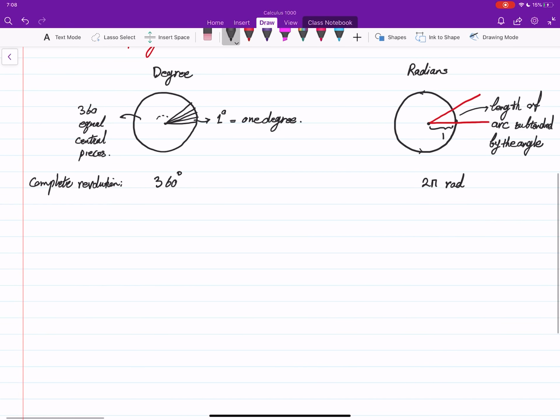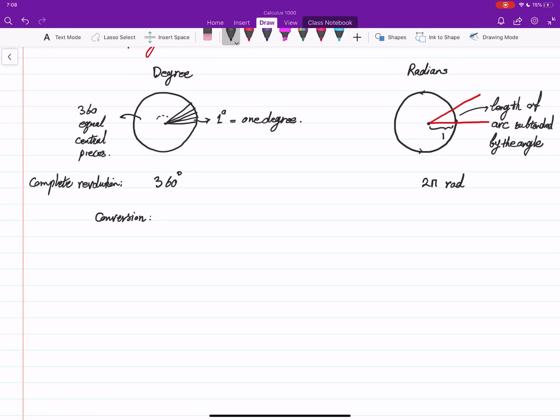Well, that means we have to find a way to convert these two measurements to each other, and the conversion formula comes from a very nice fact: it doesn't matter in what measurement you measure an angle. What matters is that the portion of the circle you're taking should be the same.